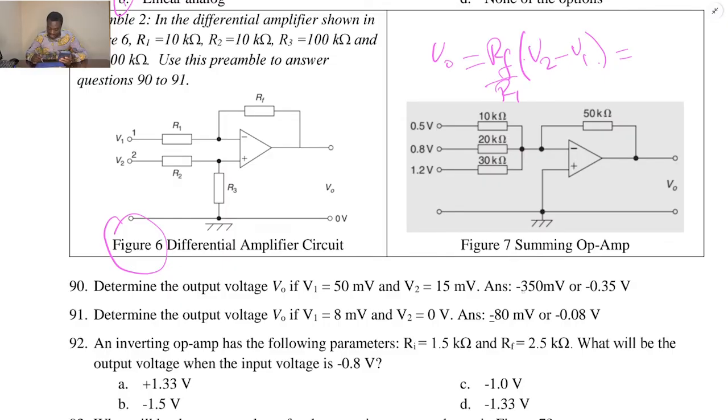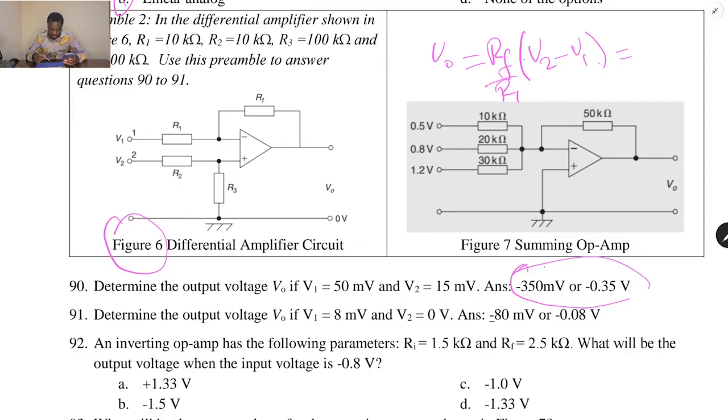So that will give us 30 milli. So 30 milli, if you have times what? RF is what? You can see RF is 100 and then R1 is 10. So 100 over 10 will give us what? 10, right? So times 10 is going to give us this 350. So we have this as our answer.